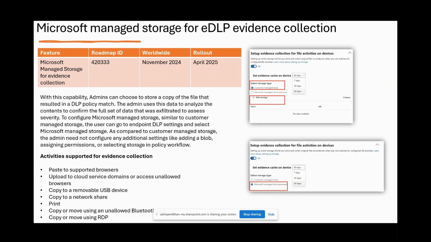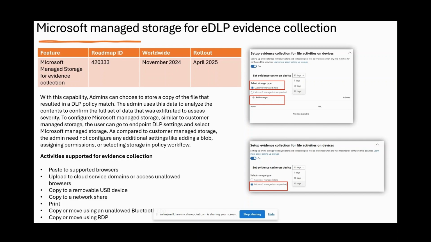So set evidence cache on device is something where, if the device loses internet connectivity, the evidence would be saved for certain days, from 7 days to 60 days. You can configure that, and once connectivity is restored, it will go ahead and upload that evidence to whichever storage account that you configure here. Again, I'll talk more about the evidence cache, and there is some limitation there as well.